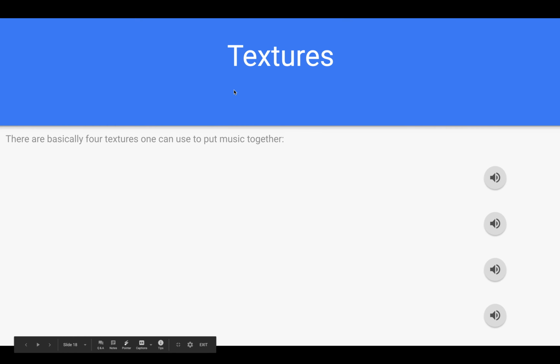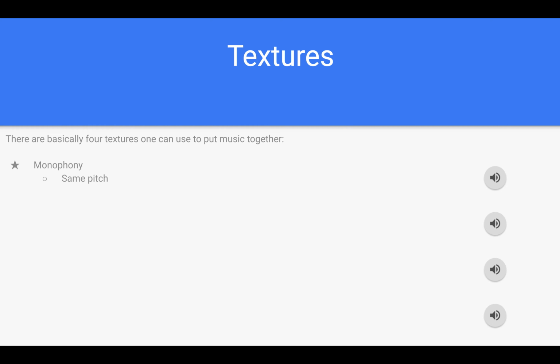So, there are basically 4 textures one can use to put music together. Monophony, which means same pitch, same rhythm. Makes sense, right? Homophony, different pitch, similar rhythm.